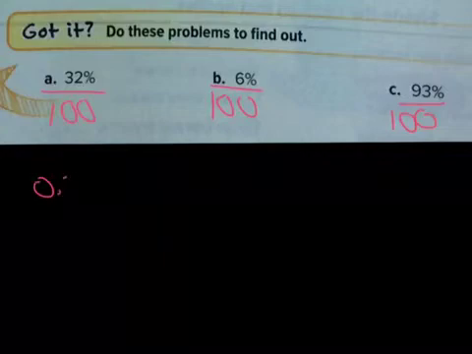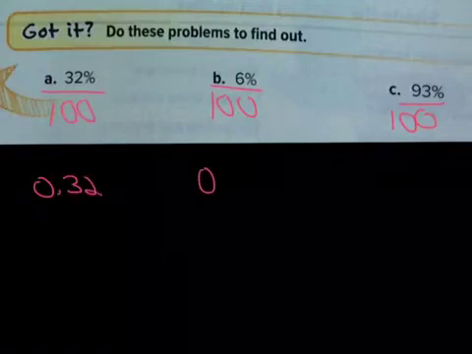The place value, for example, 32% is 32 over 100, right? 6% is 6 over 100, and 93% is 93 over 100. So we really say this number as 32 hundredths. You're saying the decimal when you're saying 32 in the 100th place. 6 hundredths. 6 in the 100th place.